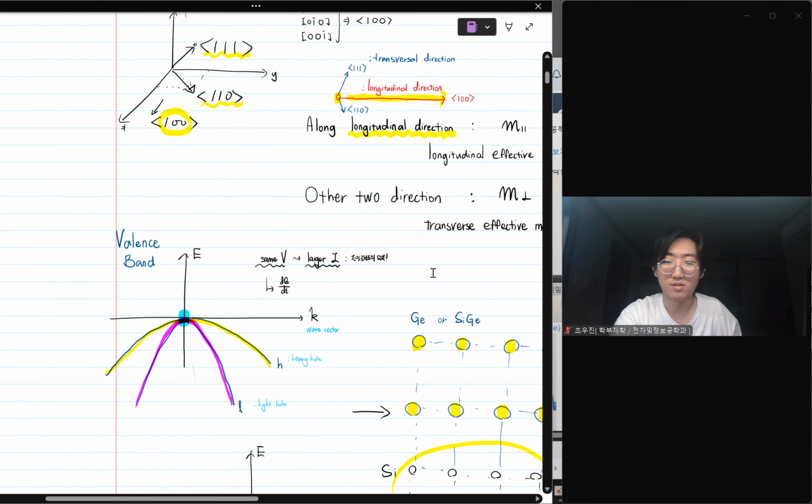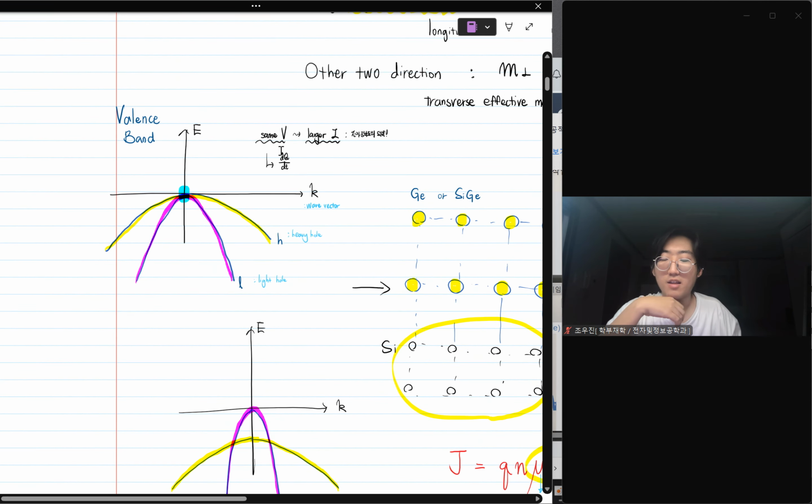The next one is an E-k diagram with holes: the yellow line expresses the heavy hole, and the pink line expresses the light hole.